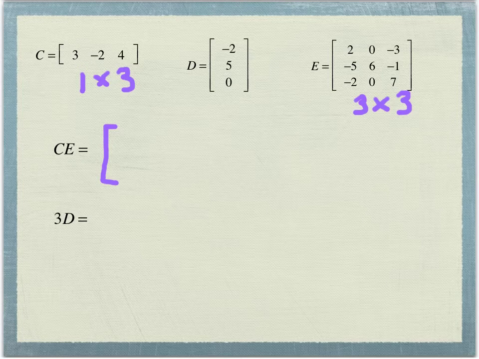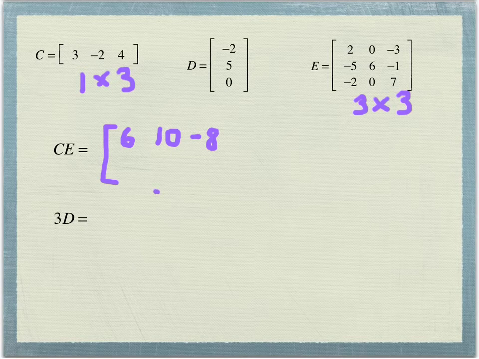Some of these are easier to do in your calculator, but we're going to try to lengthily show how to do them. So if we said 3 times 2 is 6, negative 2 times negative 5 is 10, and 4 times negative 2 is negative 8. Okay, so that's going to give me my one number there basically, which should be 16 minus 8, which is 8.